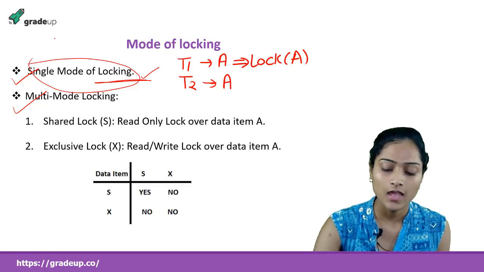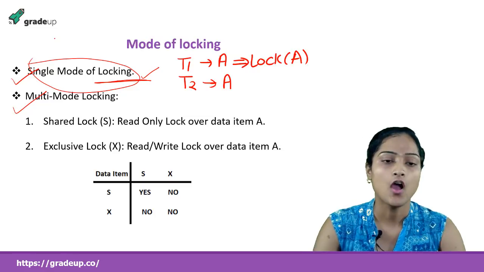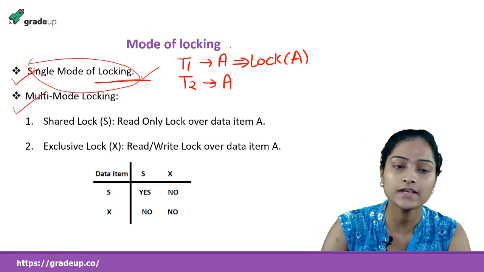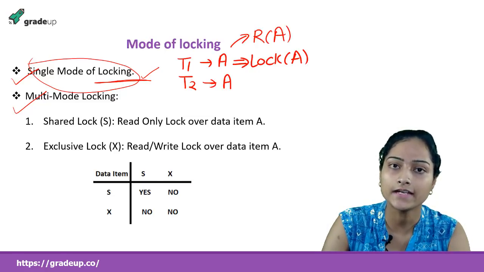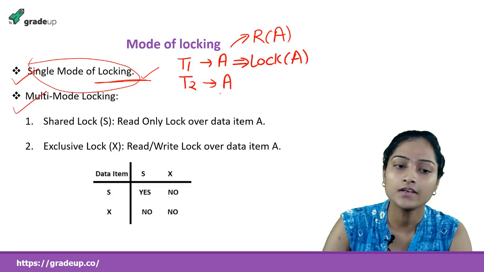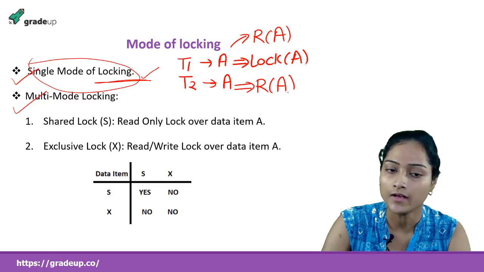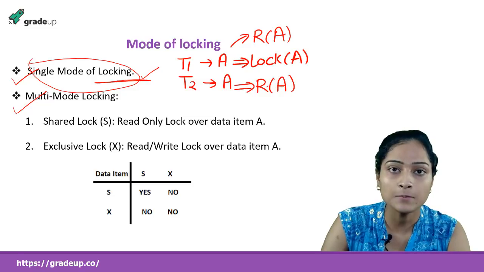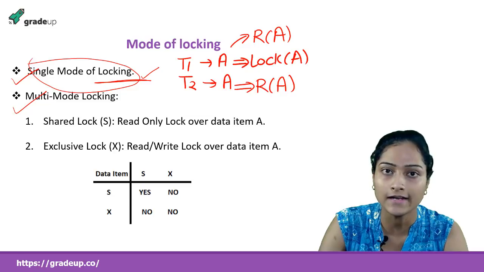But if you observe, there is a problem with this type of locking. Observe this transaction T1, suppose it wants to access data item A for read purpose. It just wants to read data item A, and a new transaction came, it also wants to read our data item A. But this time the concurrency controller will not allow transaction T2 to read that data item.